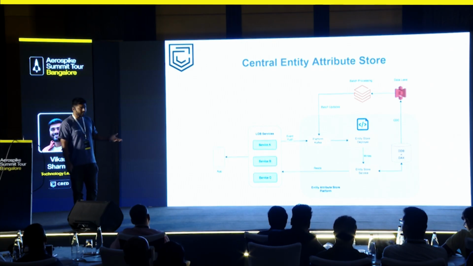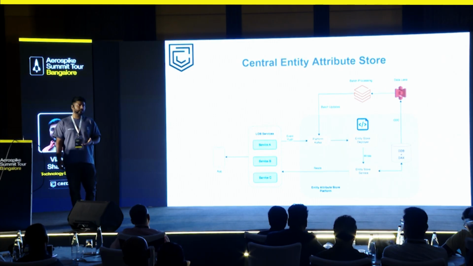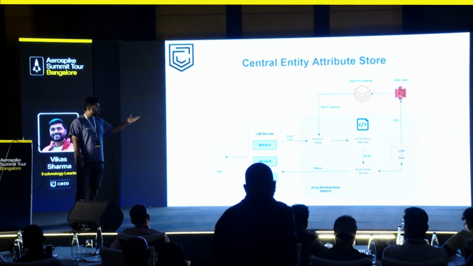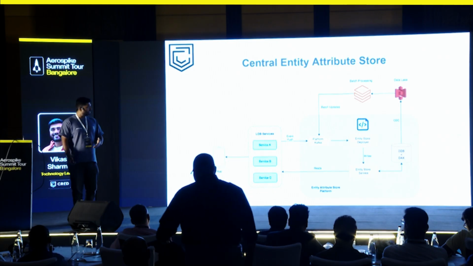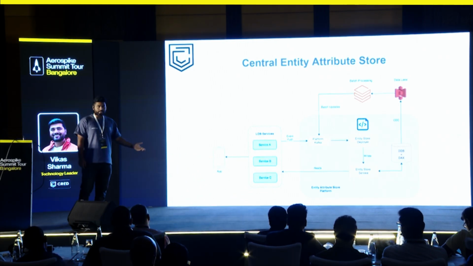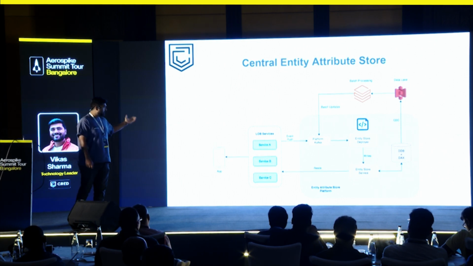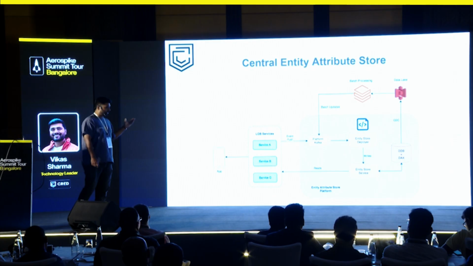This is multi-tenant. All lines of business have their own namespaces. Each namespace has multiple attributes, and all the logic goes into this entity deployer, which writes these attributes to the entity store, which at the time was backed by DDB and DAX. Because this is in real time, what the LOB services write, they can read in real time.